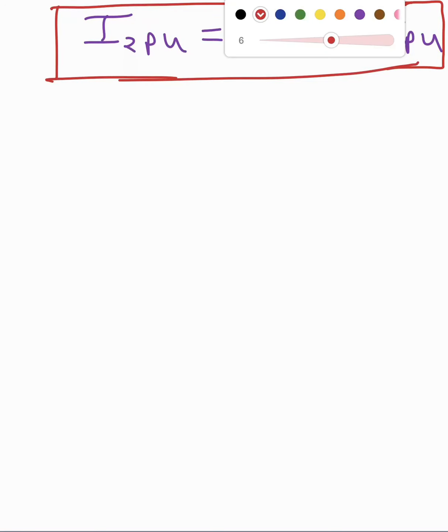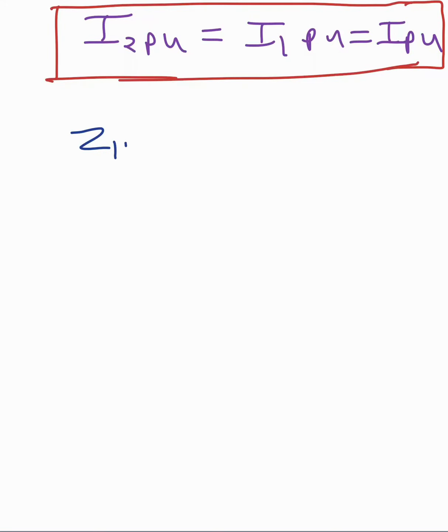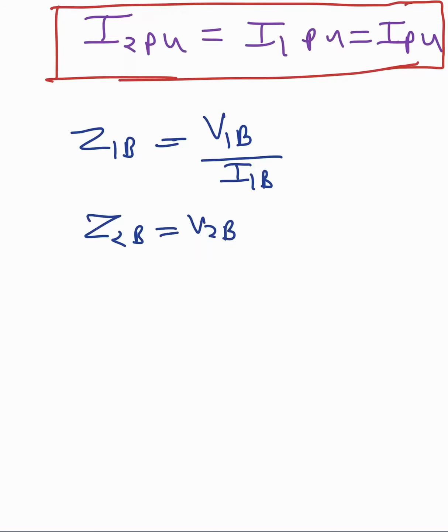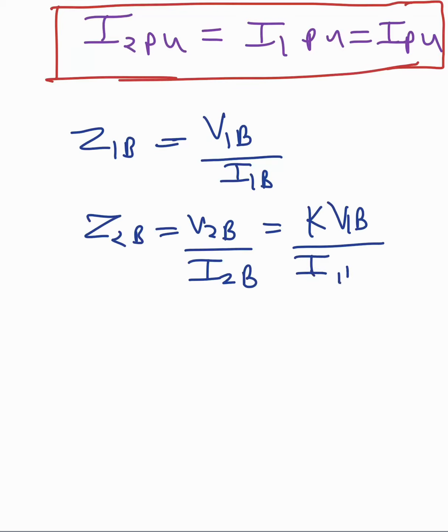Next, base impedance. Z1B is equal to V1B upon I1B. So Z2B is equal to V2B upon I2B, which is equal to K V1B upon I1B upon K. So that is equal to K square V1B upon I1B.